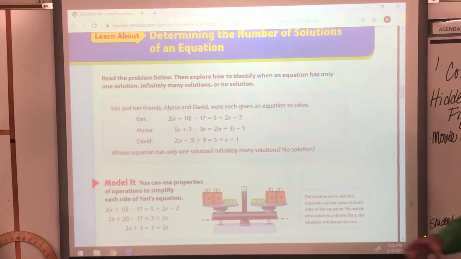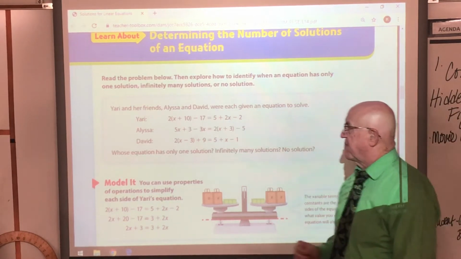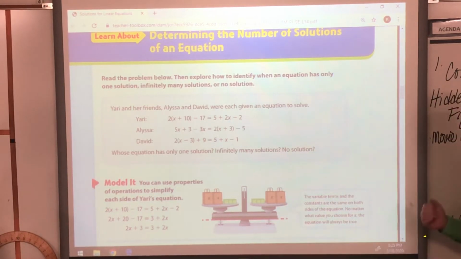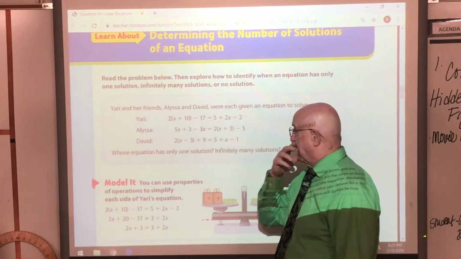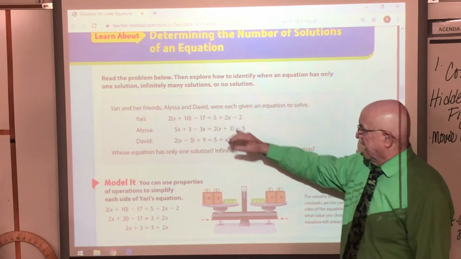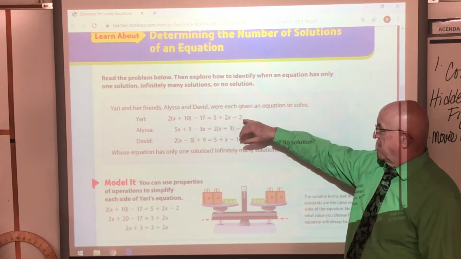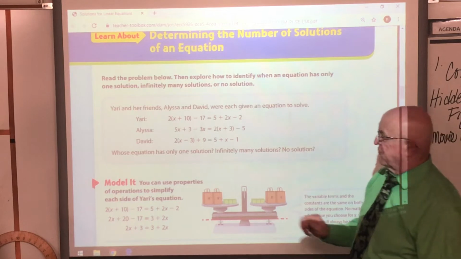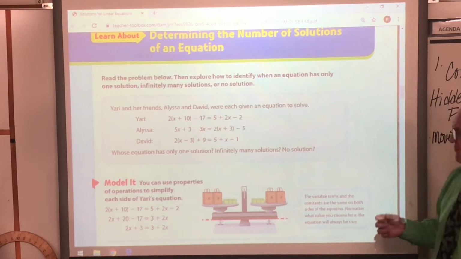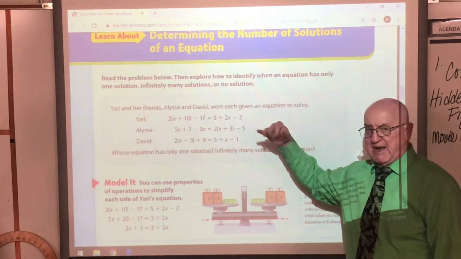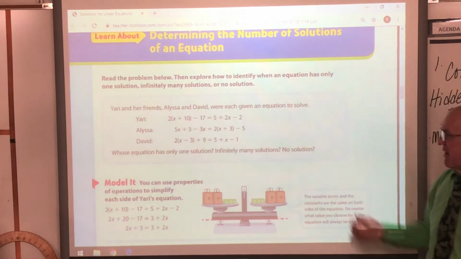We have Yari and her friends, Alyssa and David, who are each given an equation to solve. Yari's equation is 2 times the quantity x plus 10, minus 17, equals 5 plus 2x minus 2. Alyssa's equation is 5x plus 3 minus 3x is equal to 2 times the quantity x plus 3, minus 5.